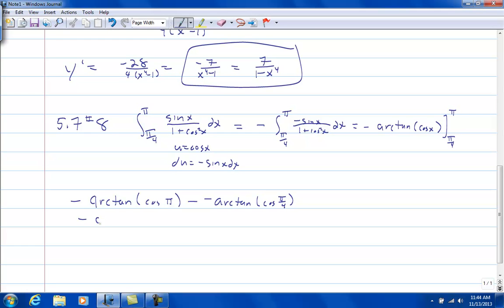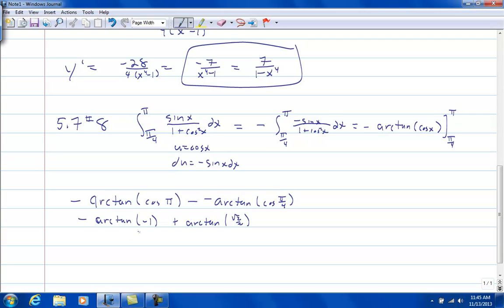That's the negative of arctangent. I keep doing that. Well, cosine of pi is negative 1 plus arctangent, cosine of pi over 4 is square root of 2 over 2.